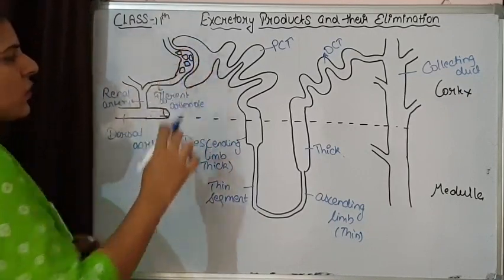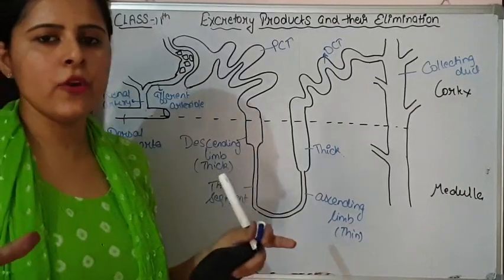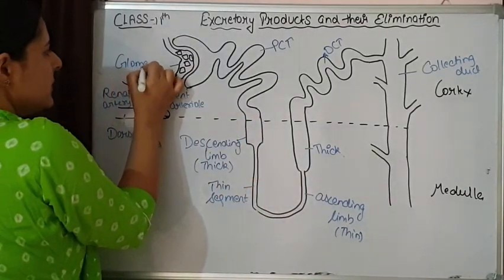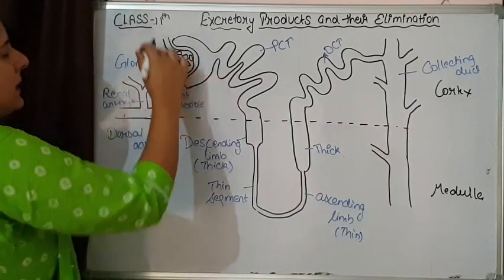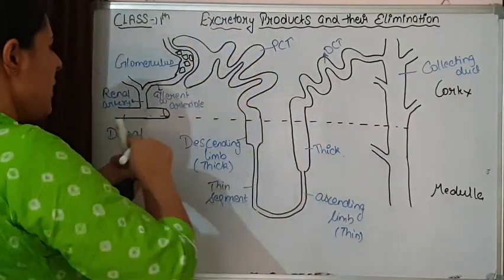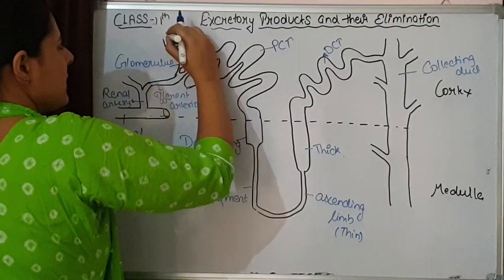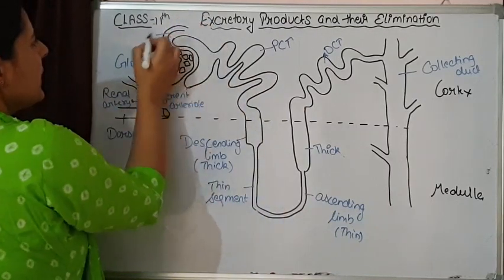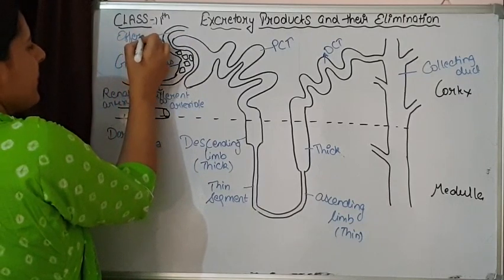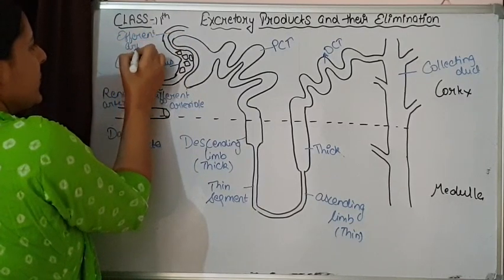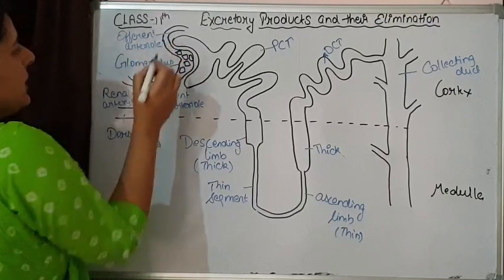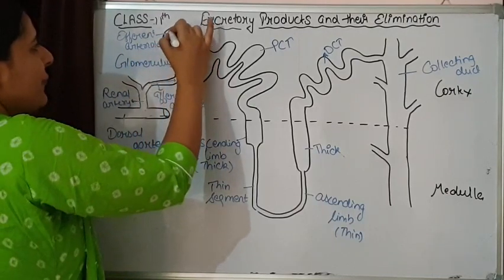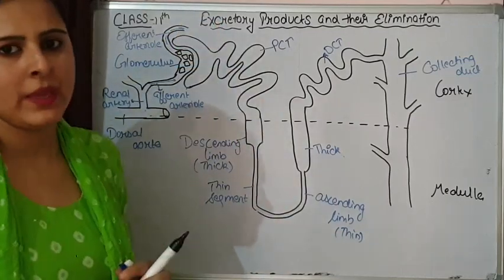Here it is going to form a tuft of capillaries, and this is the glomerulus. The portion that is emerging out from here is the efferent arteriole. So blood is coming like this, and after filtration it is going out from here.